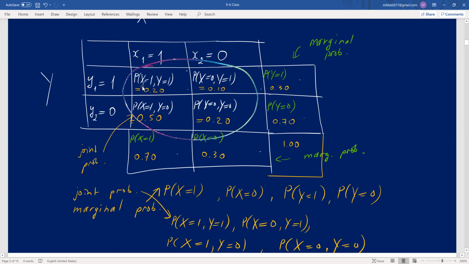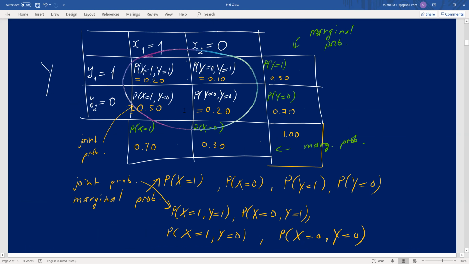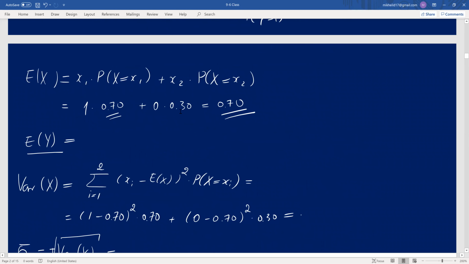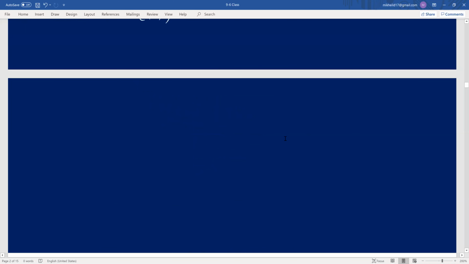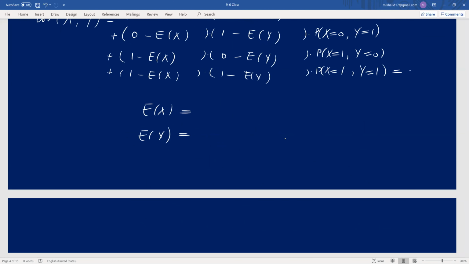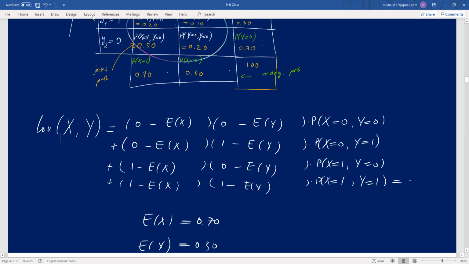I said calculate yourselves, but if you do, you will realize that expectation of y is 0.3. And I will say check this. So 0.3 will be here. Here I have 0.7. Here I have 0.3. And so what I have is the following.